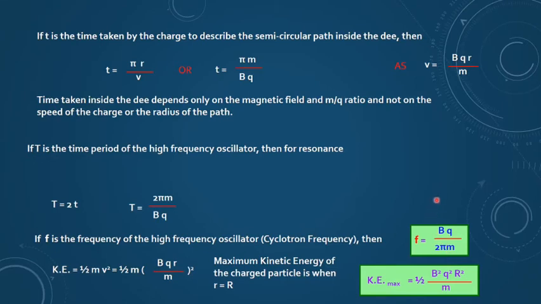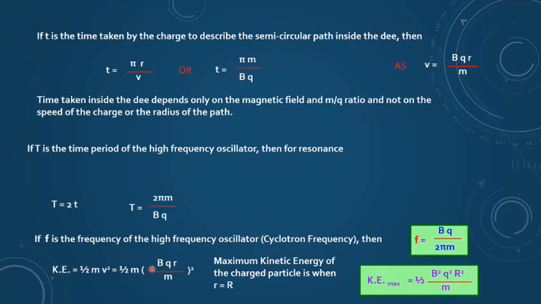So basically we are using the concept of the motion of the charged particle in the cyclotron, and in the J.J. Thomson experiment also, to find the specific charge. So the motion of the charged particle should be clear, and you should be able to find the values for the time period as well as frequency.